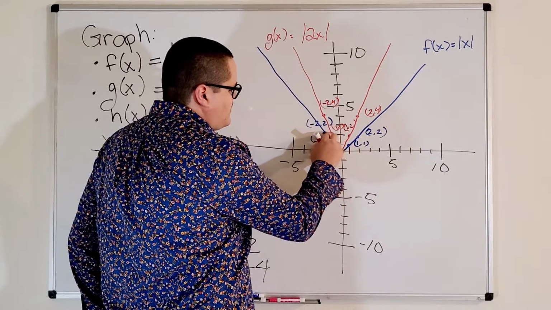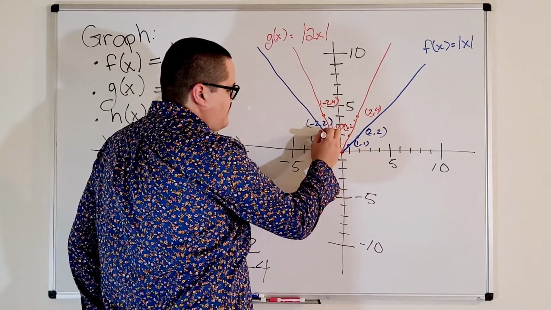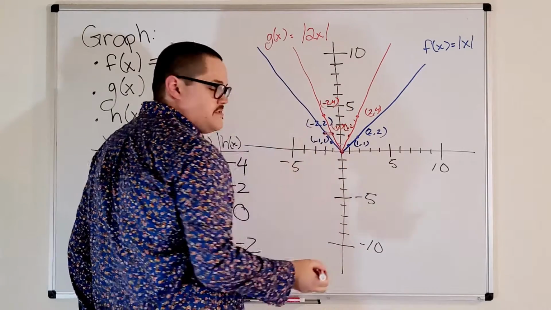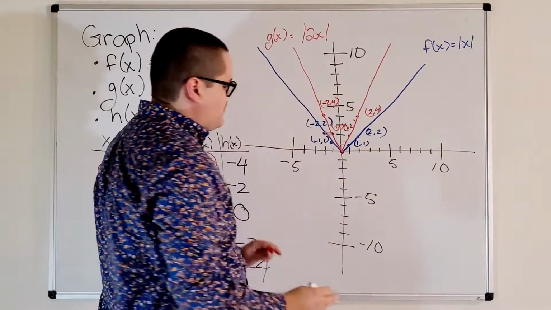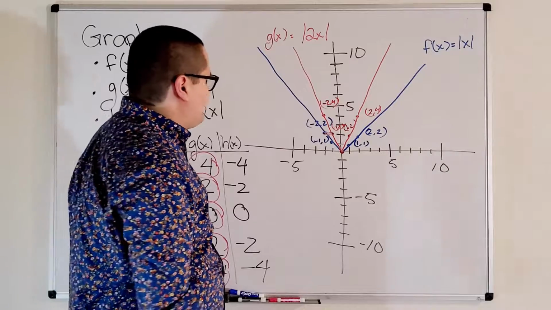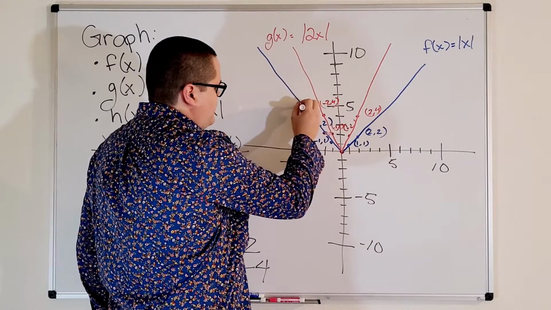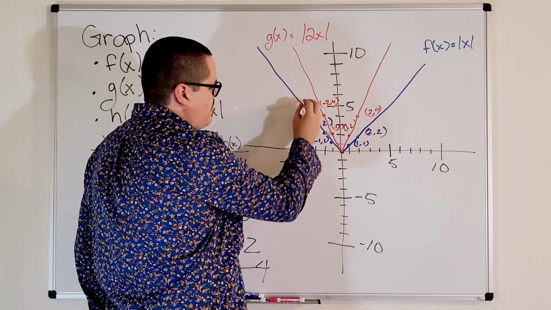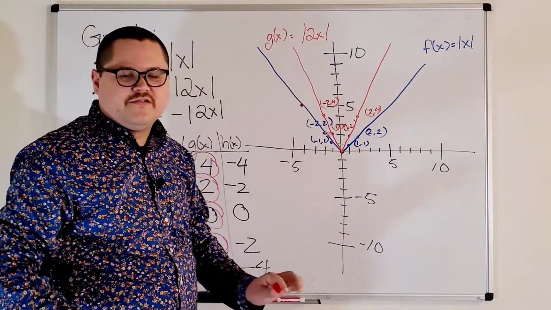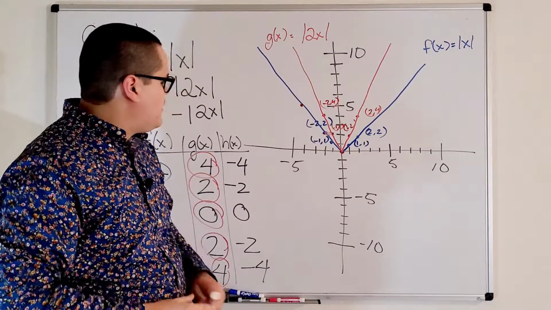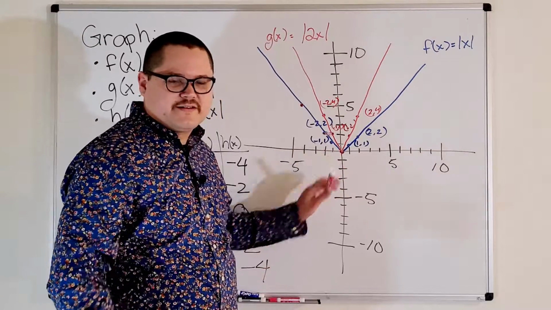Any point that would be distance 2 from the y-axis on the original curve moves in by a factor of 2, so it's only distance 1. So this is squeezed together by a factor of 2. Similarly, this point here would be 4 units away from the y-axis. It's squeezed in, so it's only 2 units away. And the origin, which is on the y-axis, stays in the same place.